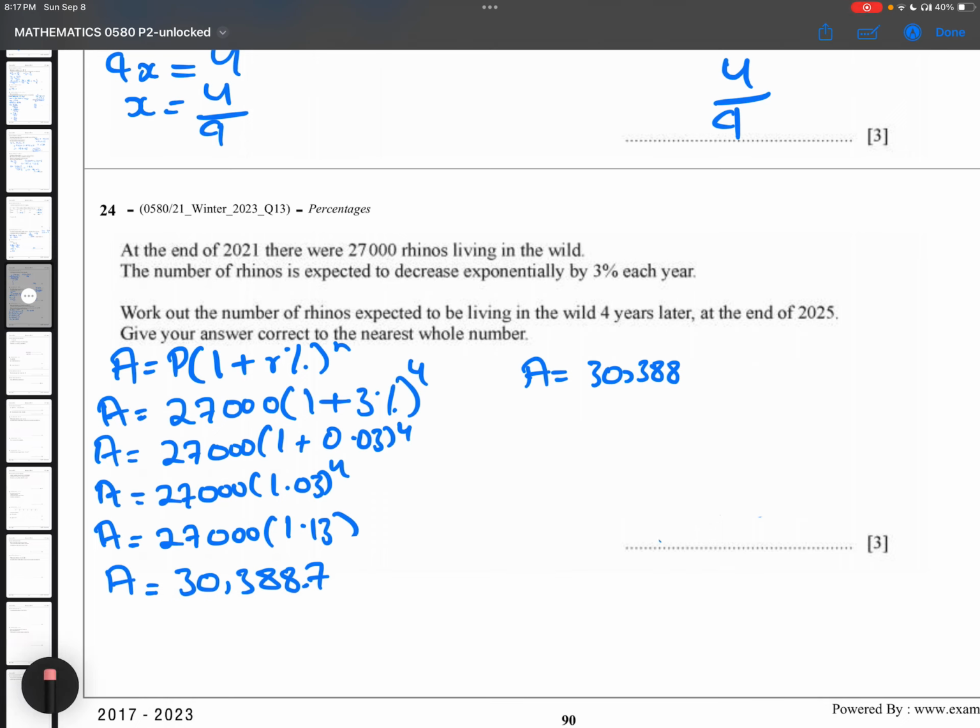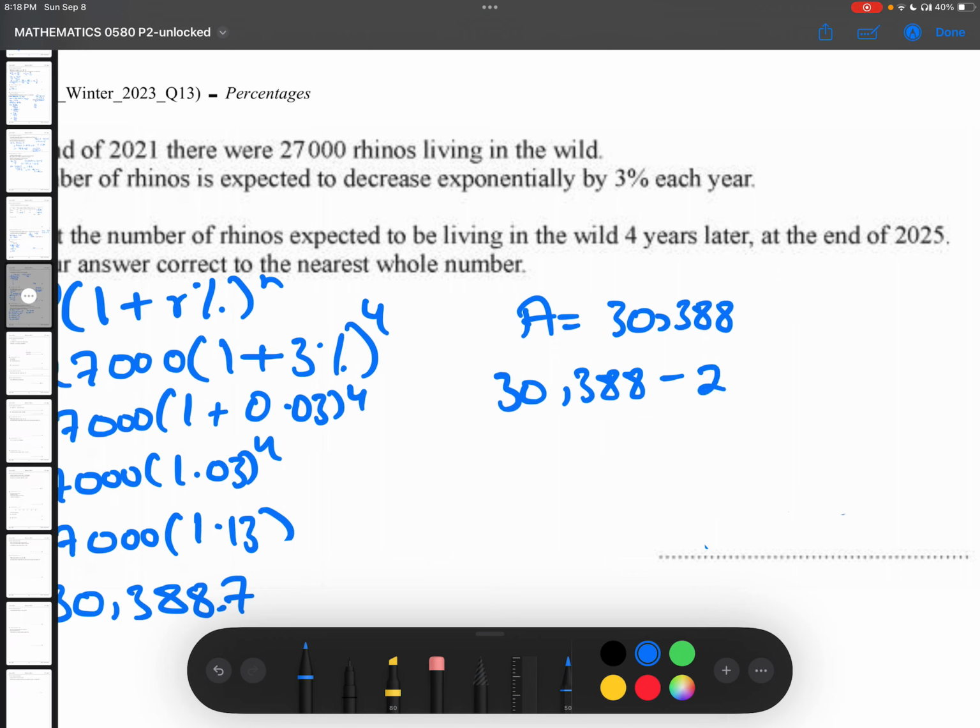initially they were 27,000 rhinos, right? So 30,388 minus 27,000 is 3,388.